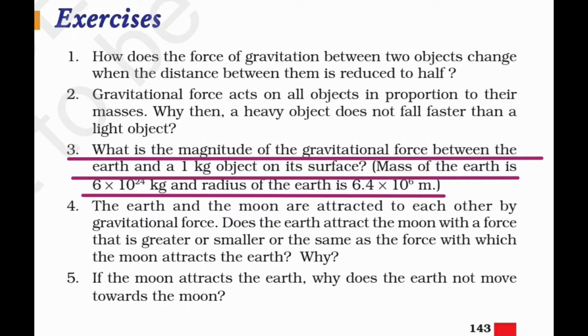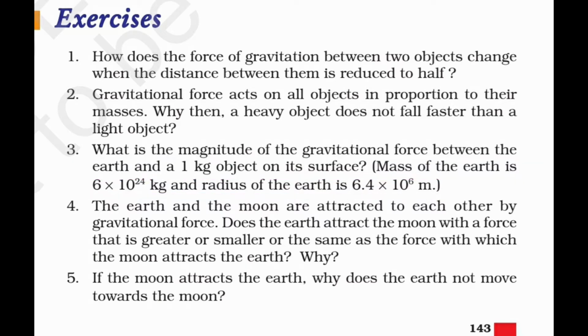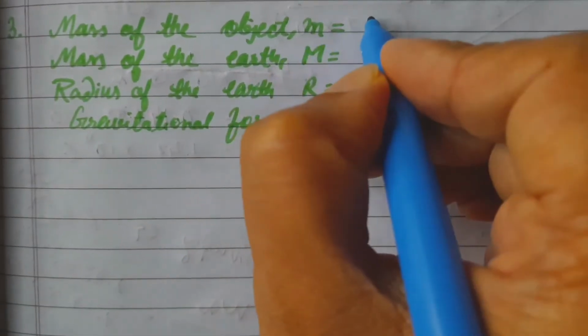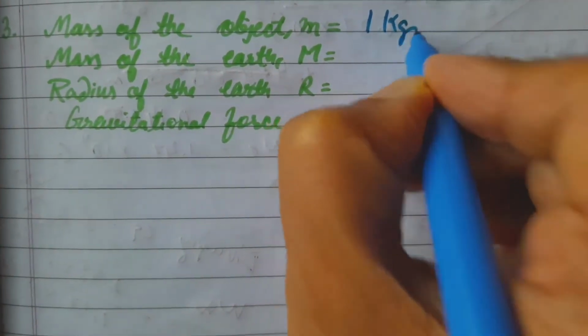Question 3. What is the magnitude of the gravitational force between the earth and a 1 kg object on its surface? Given, mass of the earth is 6 into 10 to the power 24 kg and radius of the earth is 6.4 into 10 to the power 6 meters. Mass of the object, small m, is 1 kg.